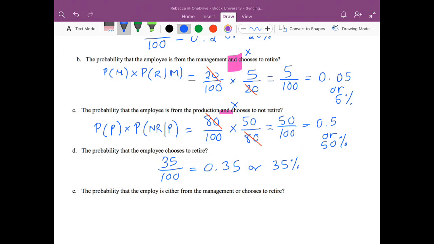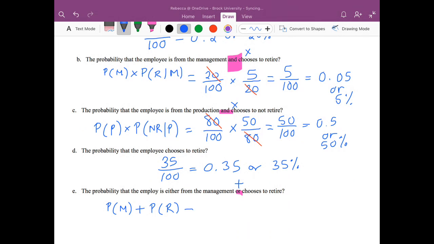So the last question is the probability that the employee is either from management or chooses to retire. So our keyword here is "or," which we know shows us addition. Okay, so the probability that the employee is either from management, so the probability they're from management, or choose to retire.